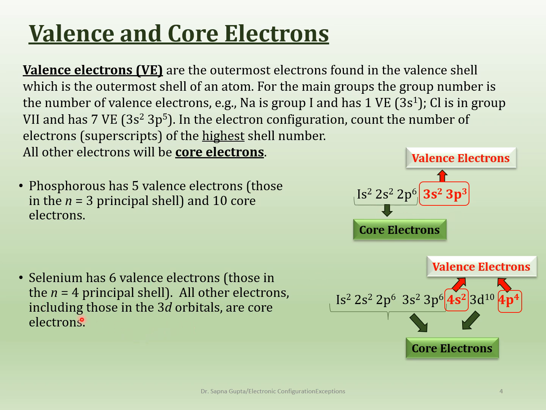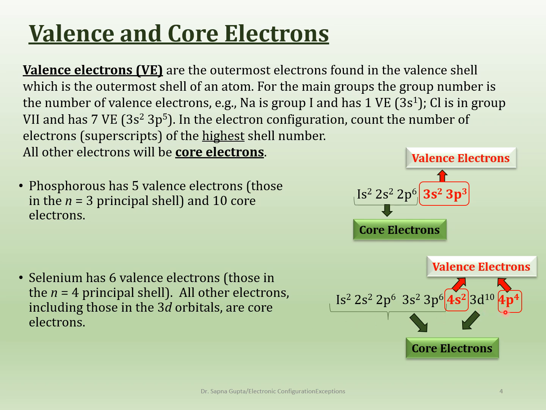Here is another example. This is for selenium, and now I wanted to include the d electrons also, because of course we have the d orbitals as well. Here is the configuration, and I want you to focus on, again, the highest shell number. When we write electronic configuration, we write it in the Aufbau principle manner, so lowest energy first.